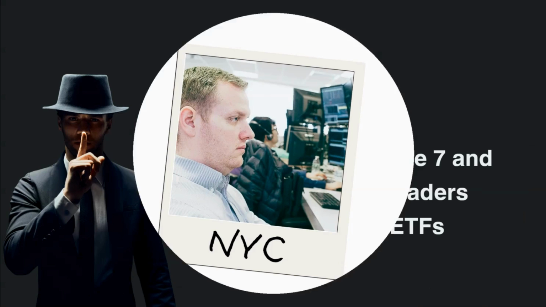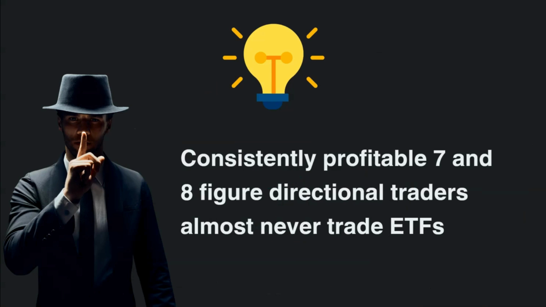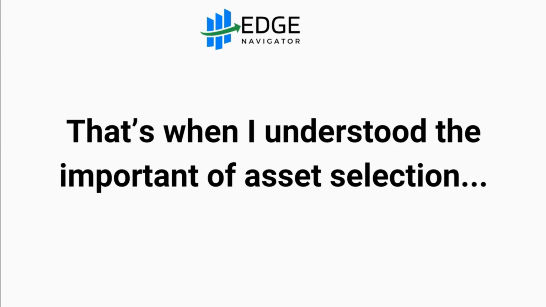So thankfully, I had experience in New York on Wall Street trading with many traders and 7- and 8-figure traders. And I noticed something, that the consistently profitable 7- and 8-figure directional traders almost never trade ETFs. So that's when I understood the importance of asset selection for different types of strategies.